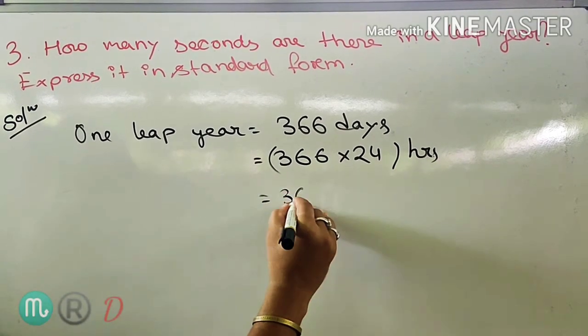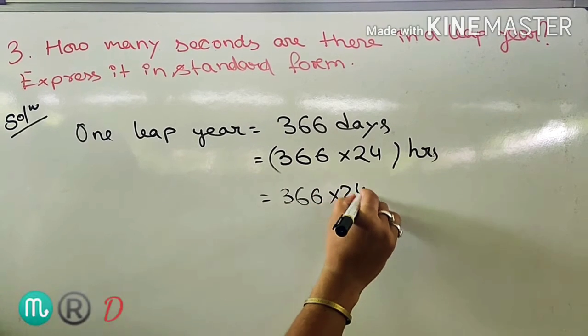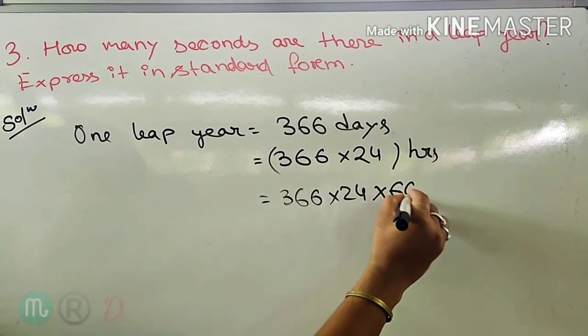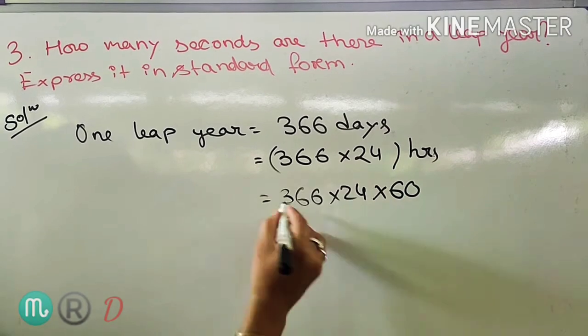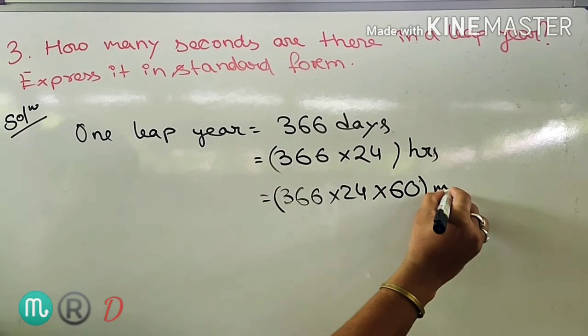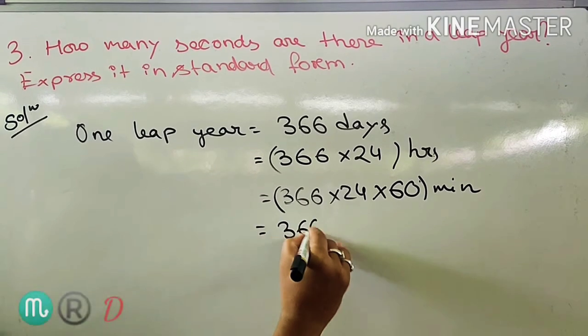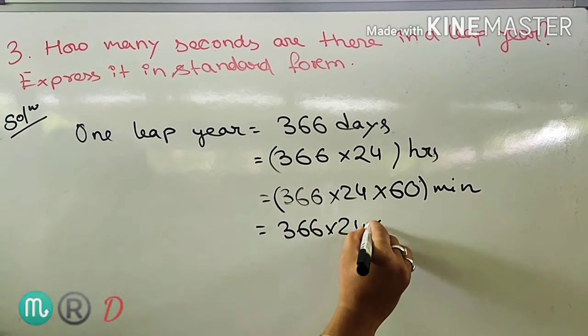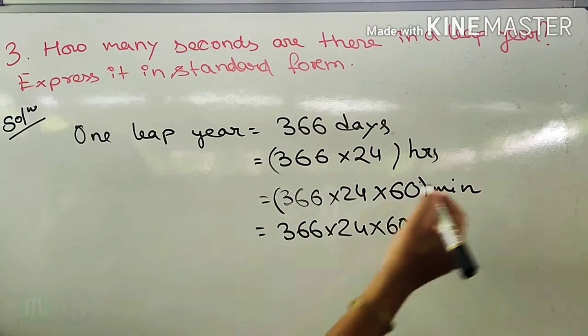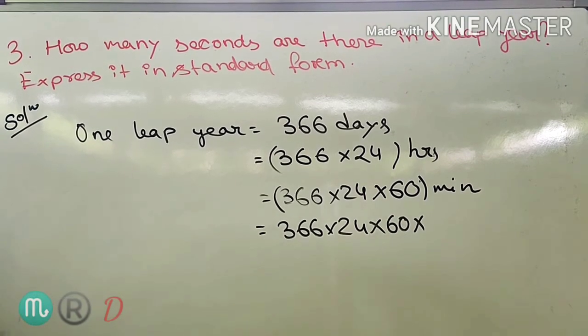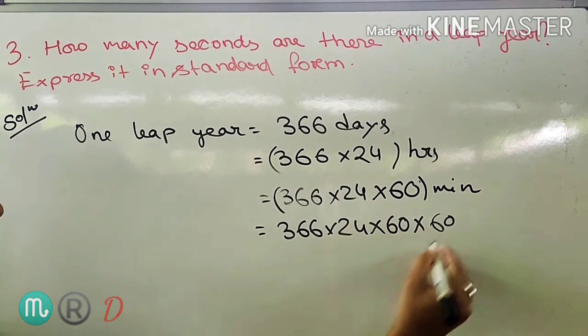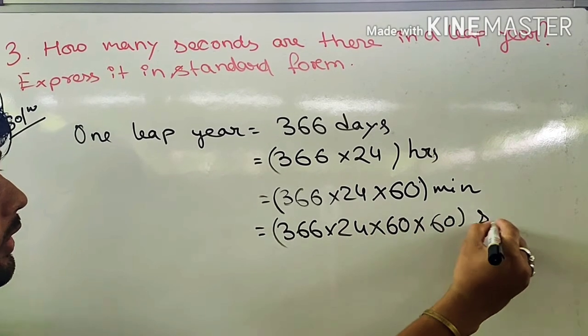Now this hour, if you multiply by 60, it is converted to minutes. Now this minute, if you multiply by 60 again, since 60 seconds equal 1 minute, we get the answer in seconds.